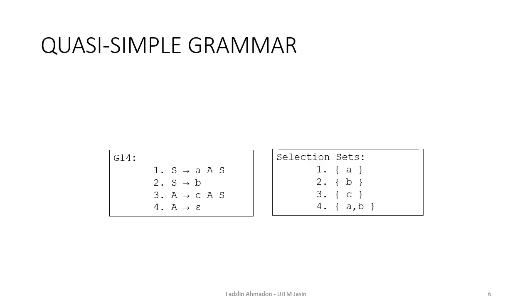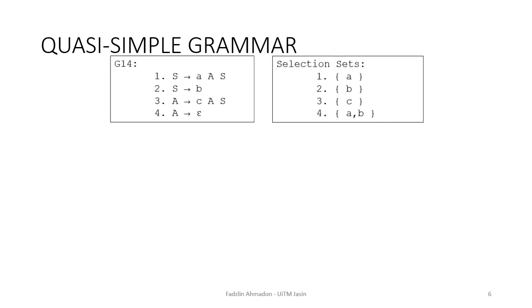Selection sets guide us on which rule to apply when doing derivations. Let's demonstrate by drawing the derivation tree for the input A C B B. So this is our input, and we want to draw the derivation tree for this input. I'm going to start, as always, with the starting non-terminal.